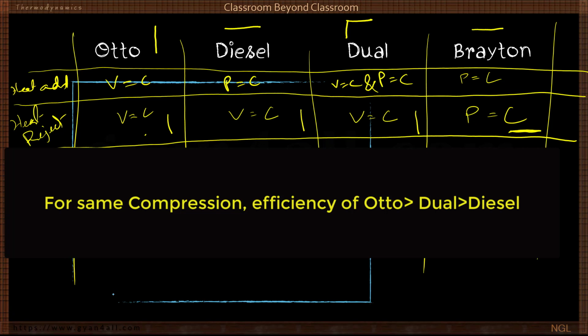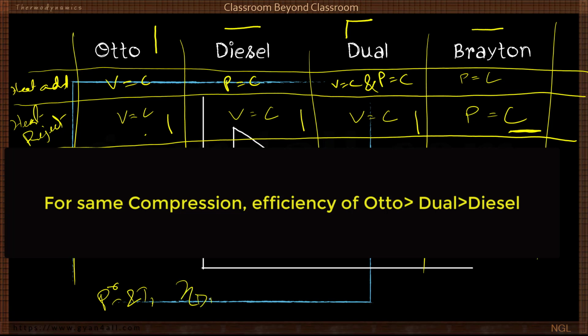And if we use the same high pressure and temperature, then the efficiency of diesel is more than the efficiency of dual, and the efficiency of dual is more than the efficiency of Otto.